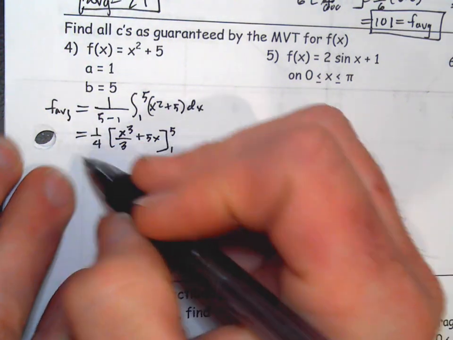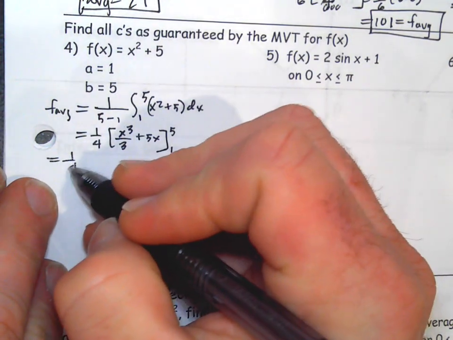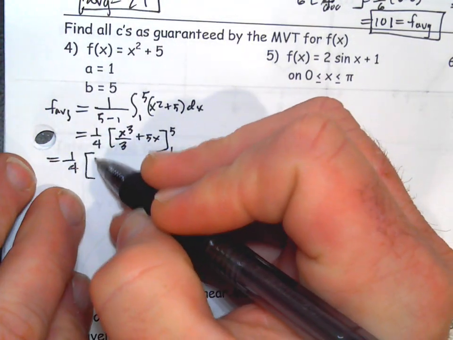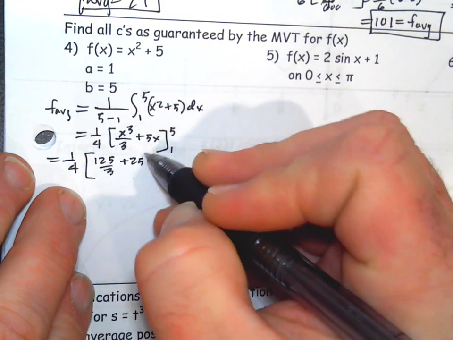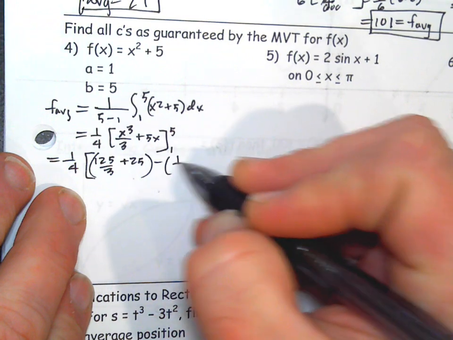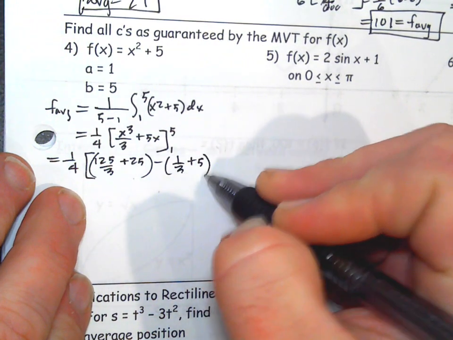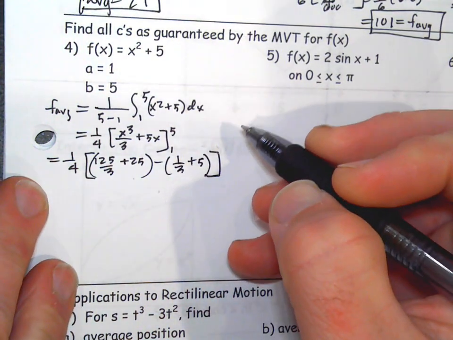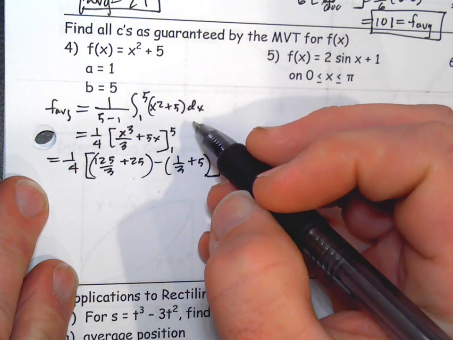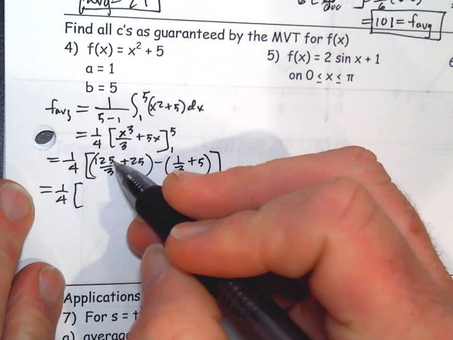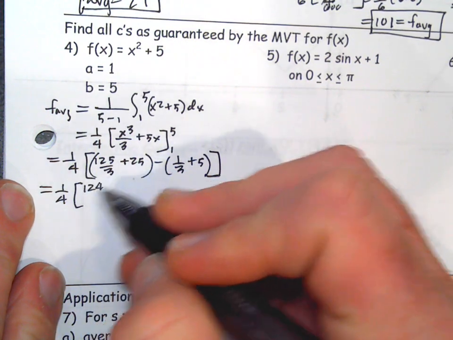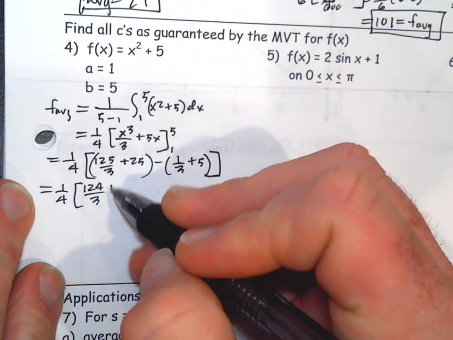And then plug 5 in, it's going to be 125 over 3 plus 25 minus 1/3 plus 5. Okay, so that's going to be 124 over 3 plus 20.